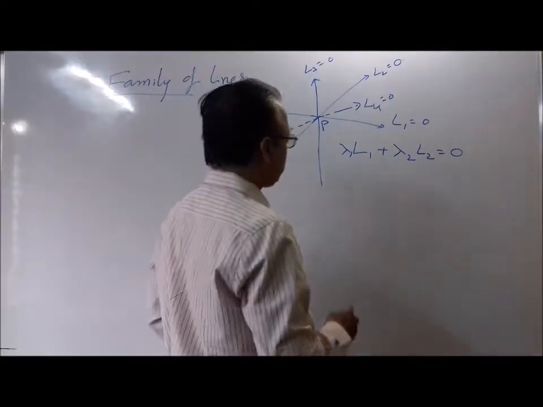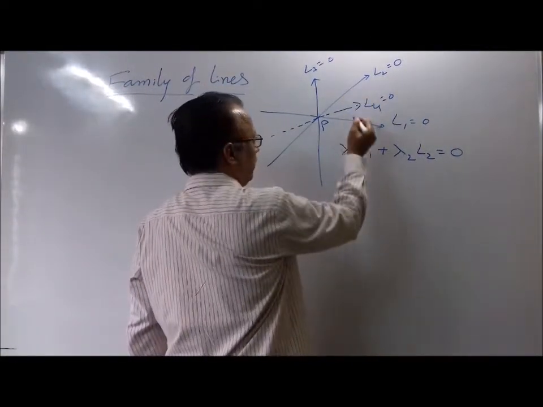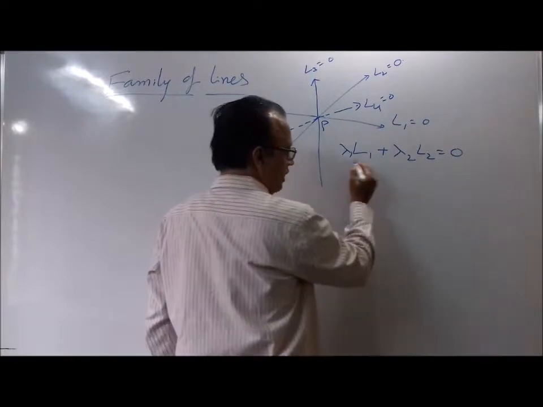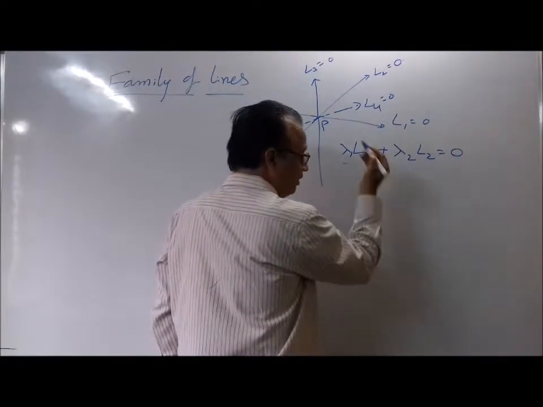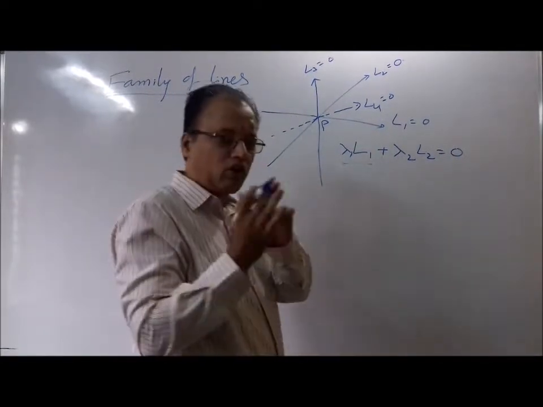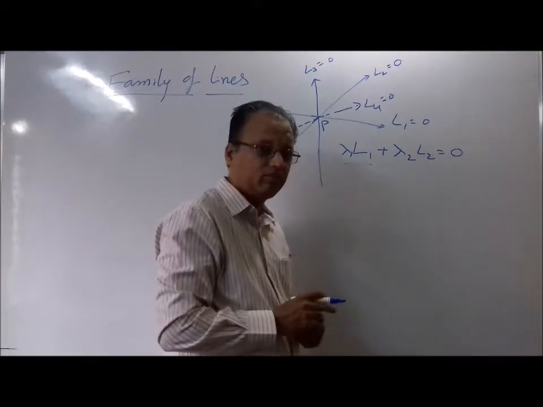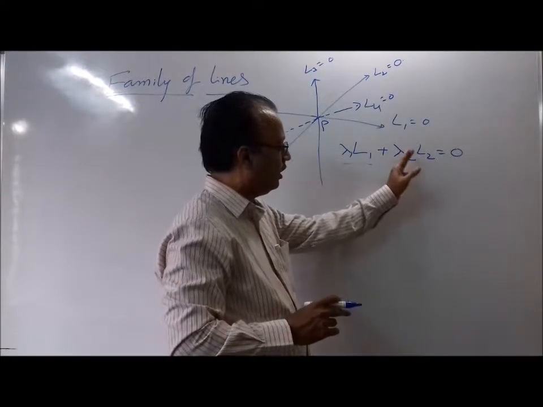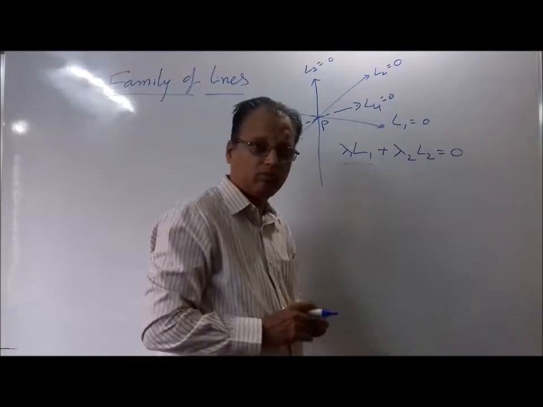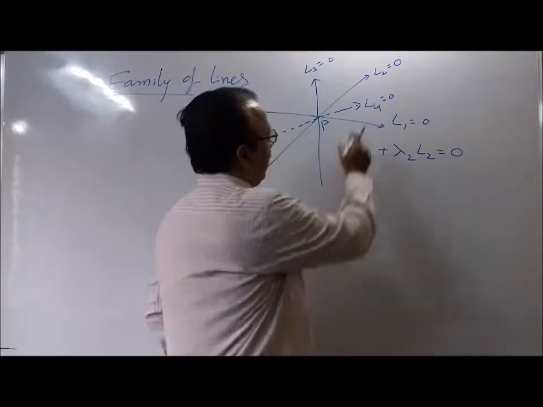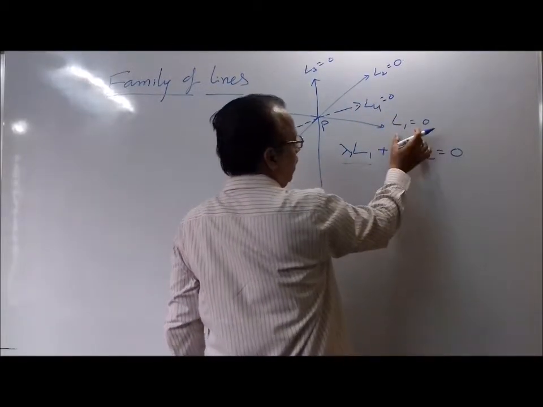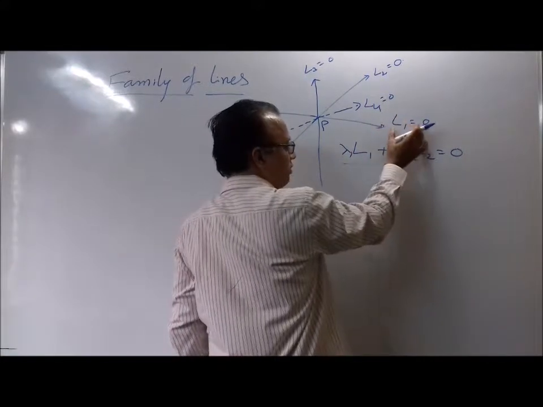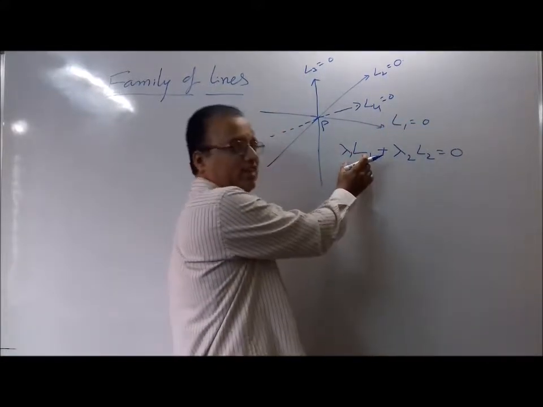See, suppose L1 equal to 0, L2 equal to 0, there is a line. I am multiplying a constant lambda 1 for L1, and a constant lambda 2 for L2. When L1 is equal to 0, lambda 1 multiplied by a constant is also a straight line. L2 equal to 0 multiplied by lambda 2 is also a straight line.